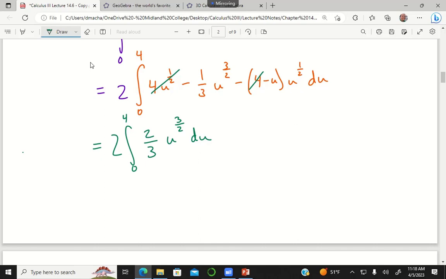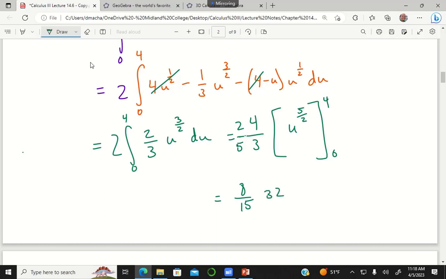I think so. Let me know if I make any mistakes. And then this is going to be the same thing as, well, I can take the antiderivative, so this is going to be 2/3 times u to the 5/2 power times 2/5, evaluated at 4 and 0. So 8/15 times 32.